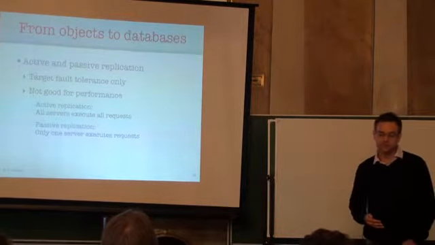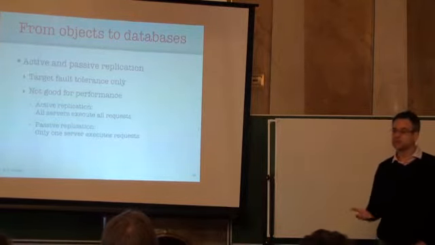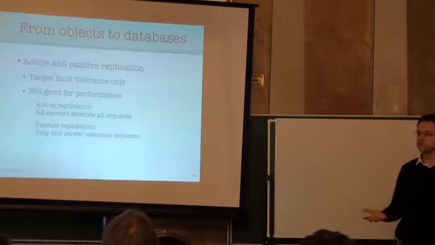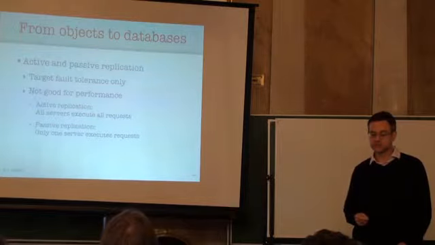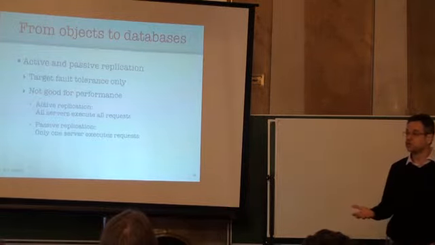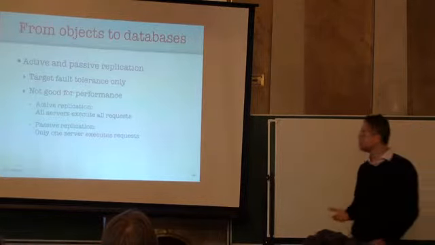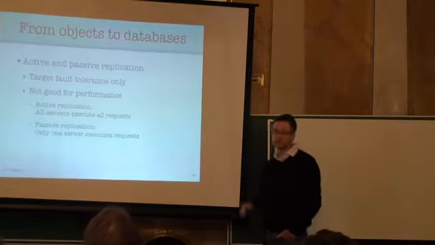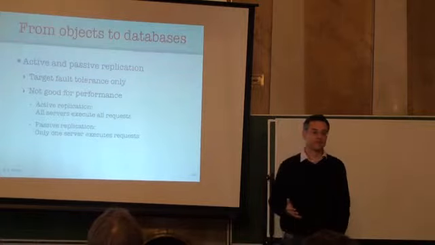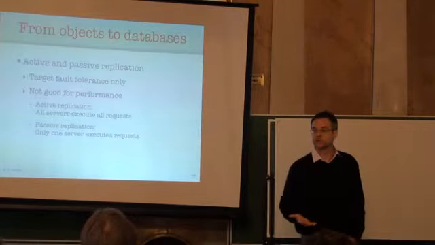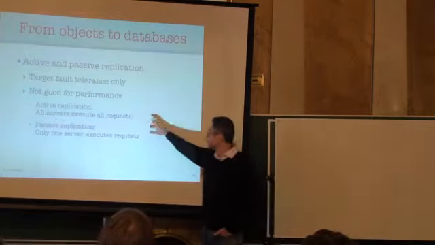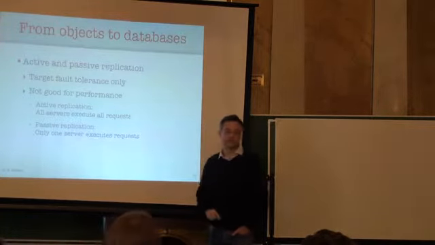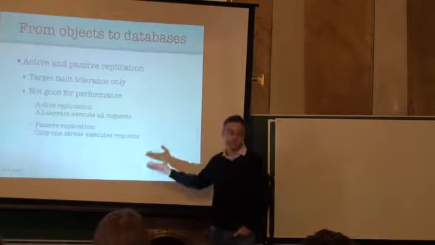If you want performance, you can interpret it in many ways. I'm focusing here on scalability, really. So if you want your system to be able to serve more clients, what you'd like to do is add more servers to your system, right? Well, it turns out that neither active nor passive replication is going to give you that. The fact that you add more servers to your system is not going to give you more power to handle more client requests, for the reasons that are stated here.